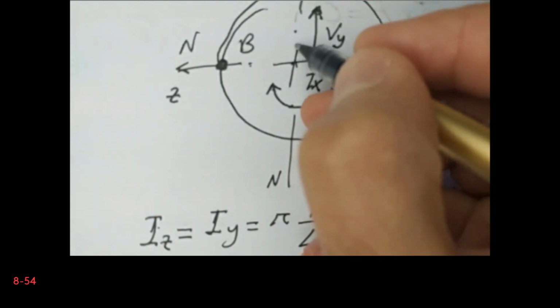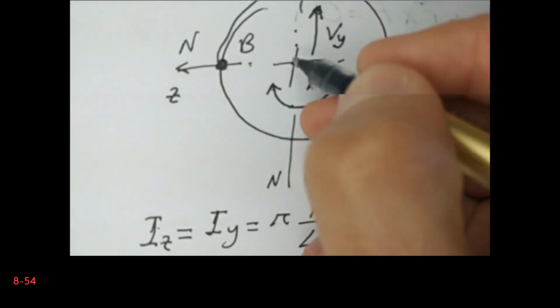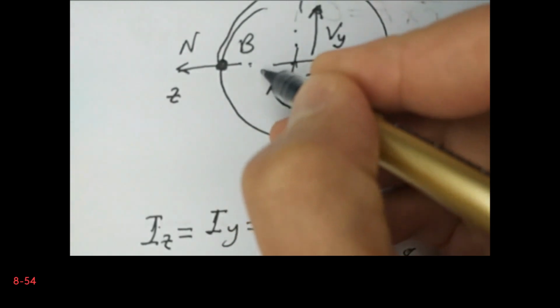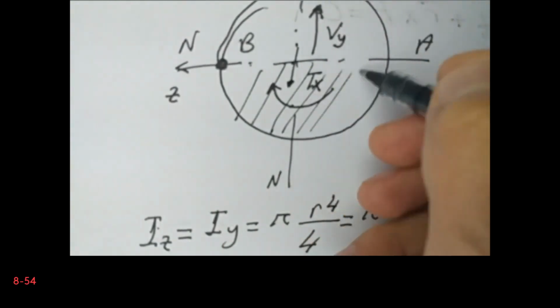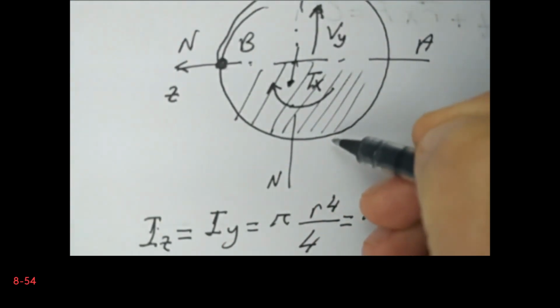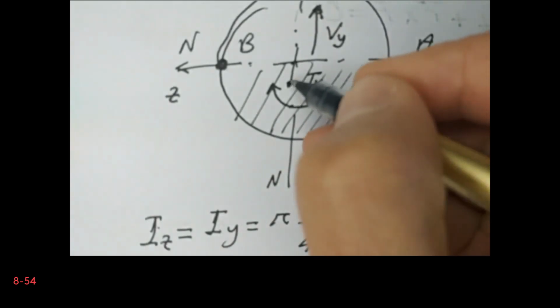So the area above the circle multiplied by its centroid will give us the first moment.